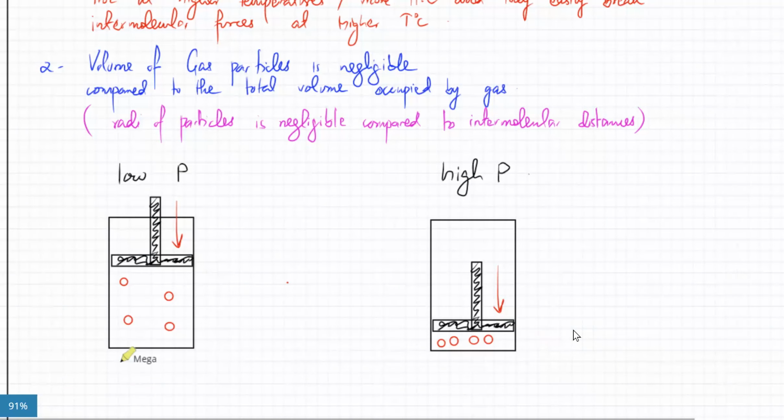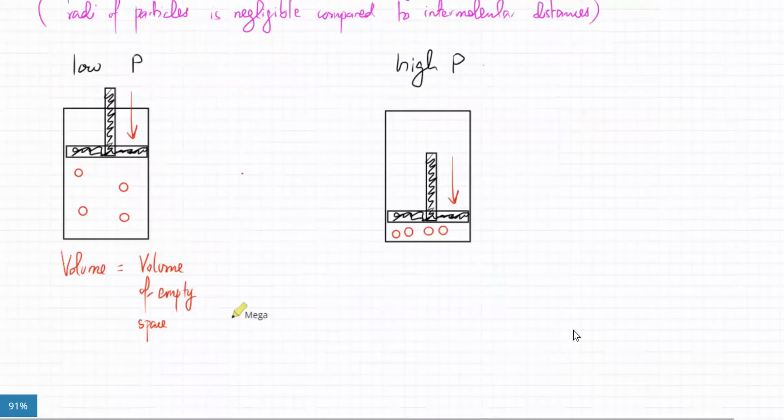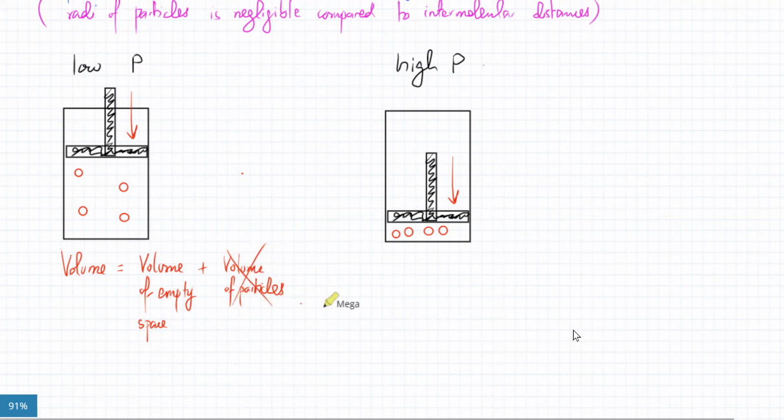So this statement basically means that when you think of the volume of a gas, it's mostly the volume of the empty spaces plus the volume of the particles, and we say that the latter is almost negligible.